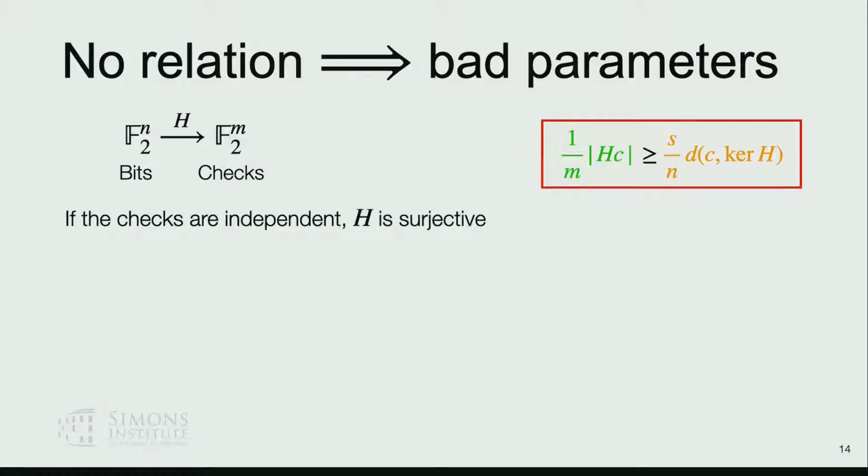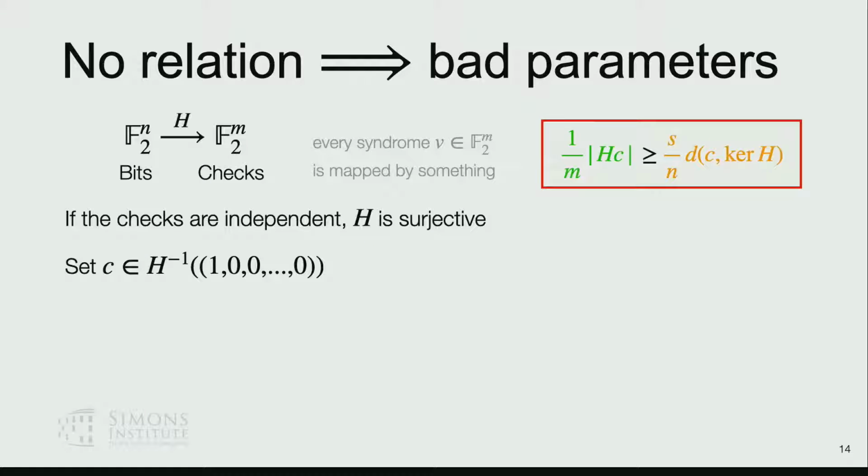When these checks are independent, this parity check matrix H would be surjective. What I mean is that every syndrome V is mapped to by something. So now I can pick a word C to be the pre-image of this 1, 0, 0, 0 vector.